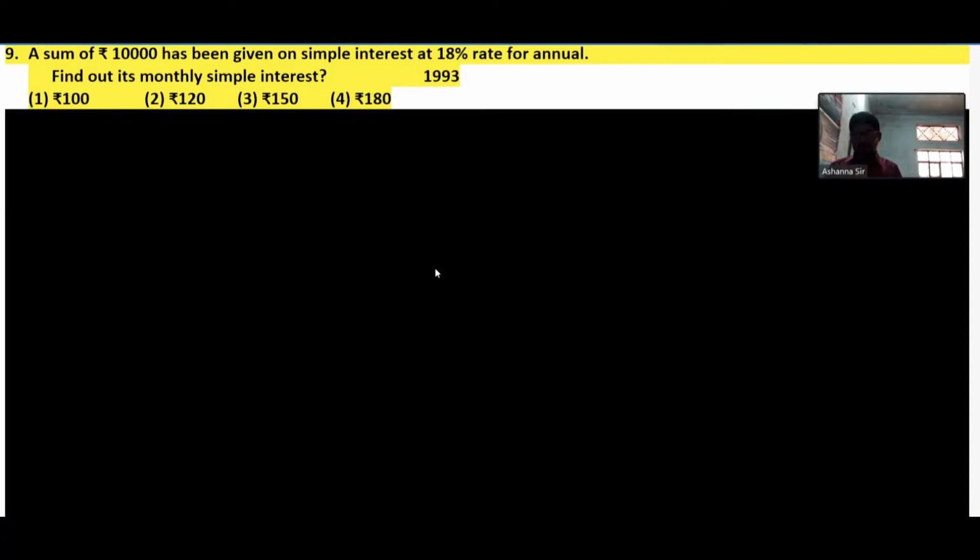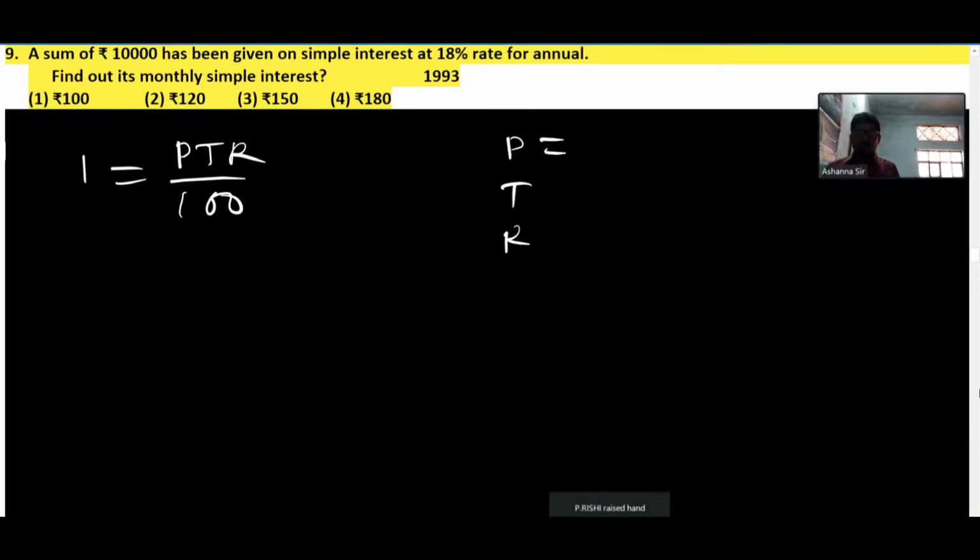Question number 9. A sum of 10,000 rupees has been given on simple interest at 18% rate per annum. Find out its monthly simple interest. So here we have to find interest. Interest I is equal to PTR by 100. Principal 10,000 rupees.